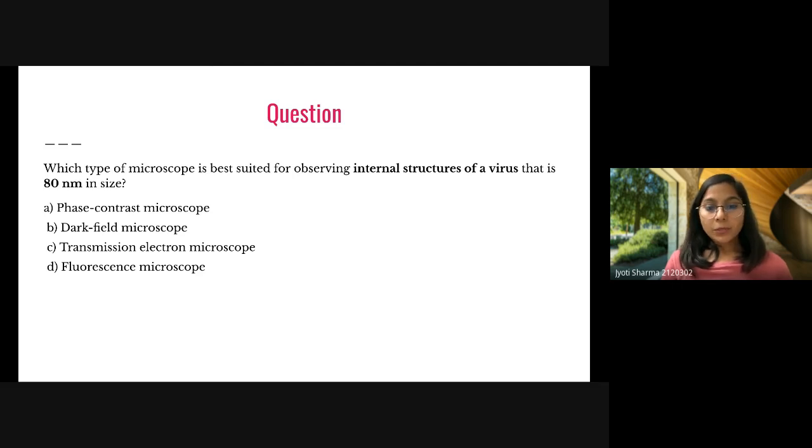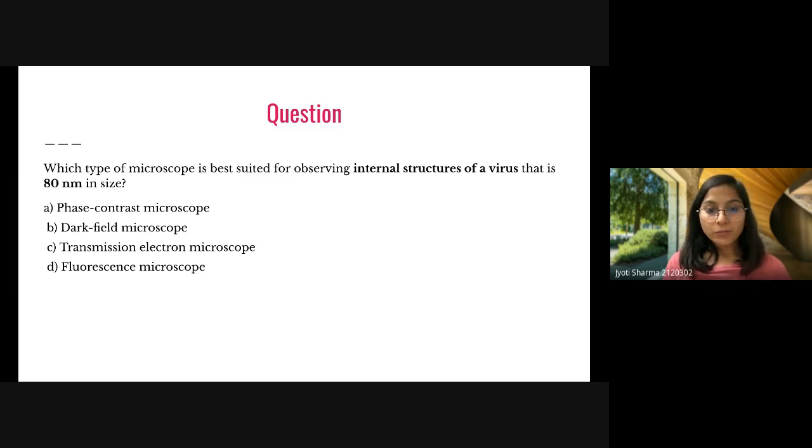Okay, so we need different microscopes for different purposes. If you want to observe the internal structure of a virus that has the size of 80 nanometer, what kind of microscope do you need? We have the options: phase contrast microscope, dark field microscope, transmission electron microscope, and fluorescence microscope.